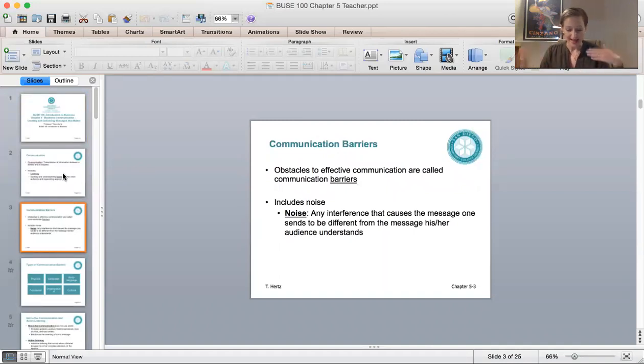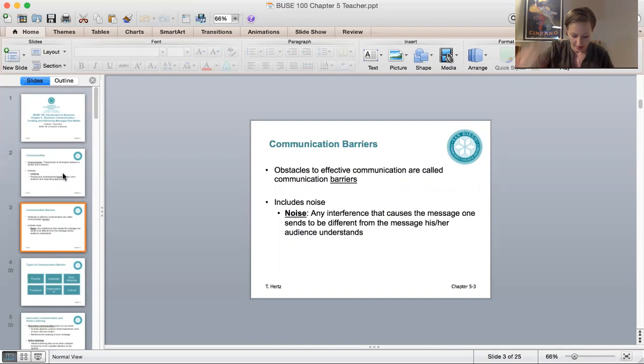And noise is any interference that causes the message from one sender to be different from what the audience hears. Many of us have played that game when we were younger of telephone. That's an excellent example of a barrier to communication and noise.